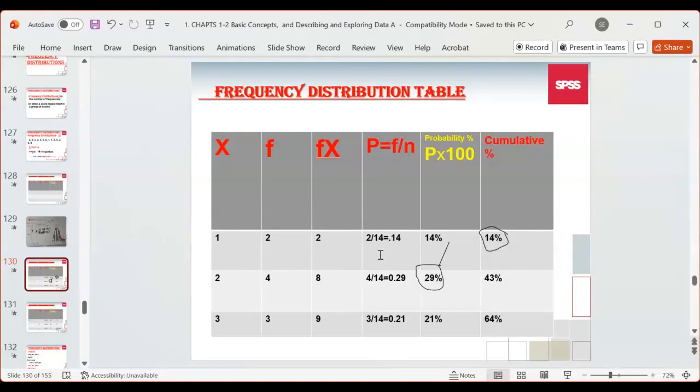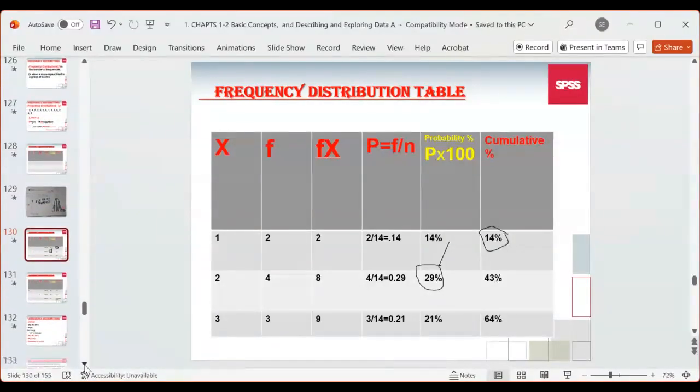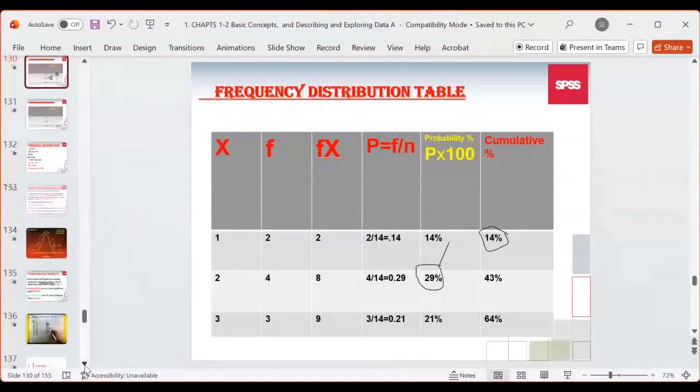There are 14 scores. 2 divided by 14 is 0.14. And the percentage, 0.14 times 100, is 14%. Since there is no number before that, this is our first number, the cumulative number will be 14%. So again, look at them and get some idea. That's just to show you why we have that.